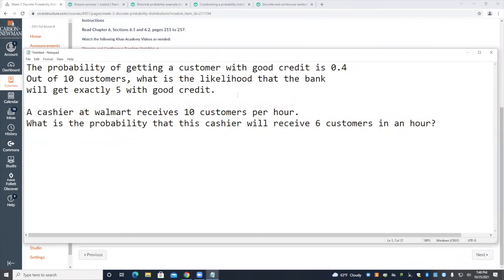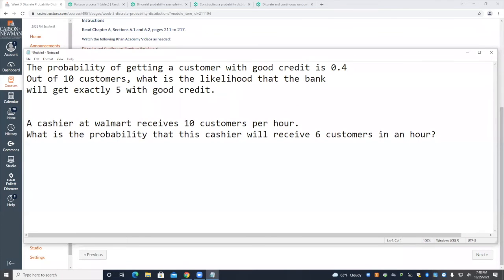So the first one is binomial. I'm going to write it a little differently. Probability that large X is equal to little x is equal to the combination of n and x. Normally you'll write the x underneath the n, the way you write combinations.